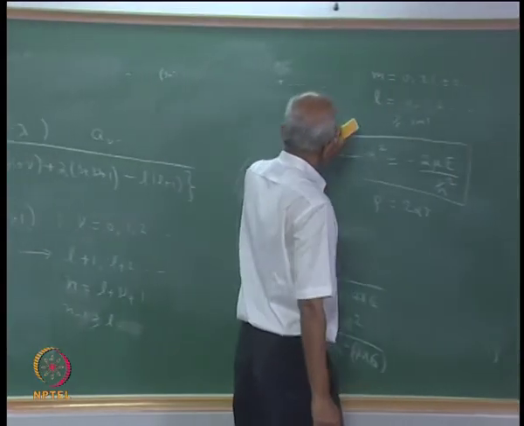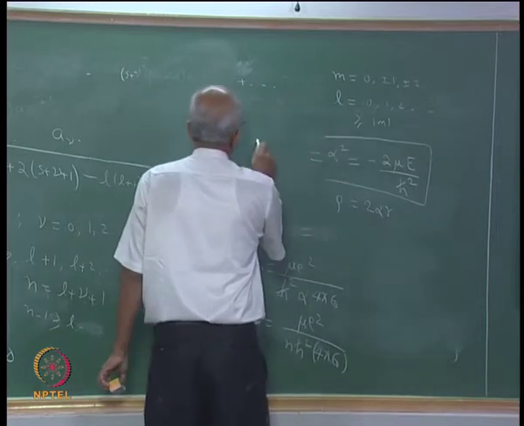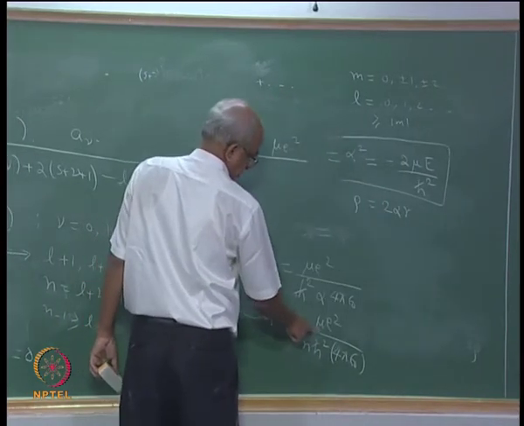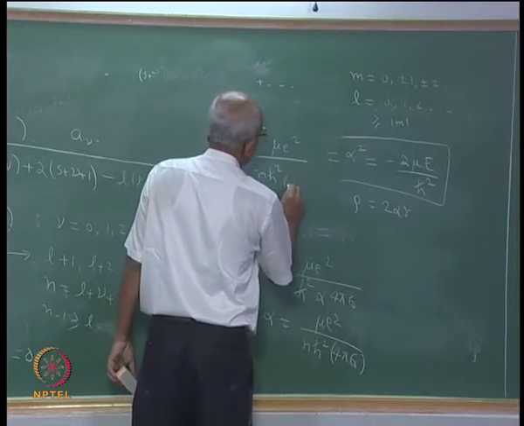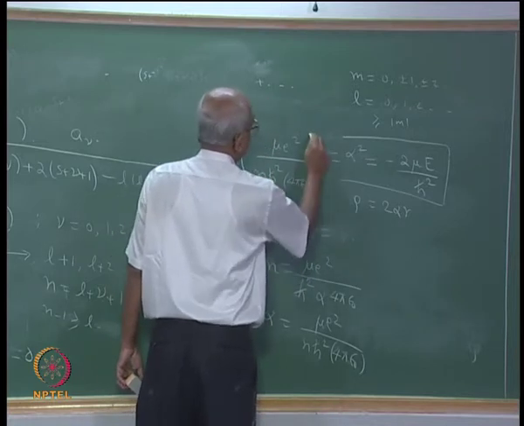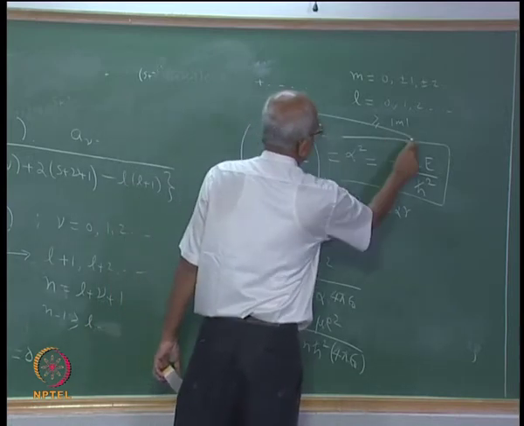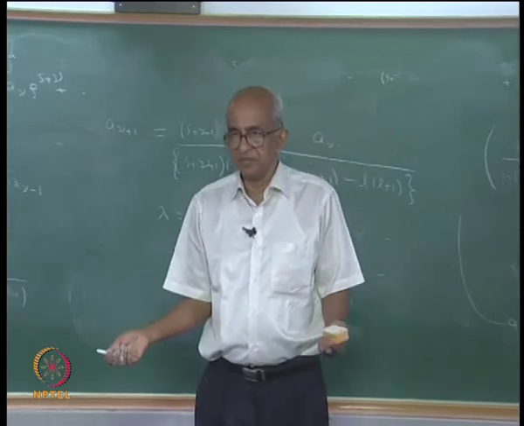You are going to get this equal to mu E square divided by n h cross square 4 pi epsilon 0. This is just alpha, you have to take the square and say that that square is equal to that much, and then solve for E.